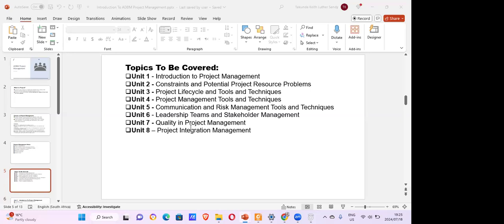Okay, and then there is what is called a project life cycle. Each and every project goes through that life cycle, regardless of the sector. The life cycle comprises the initiation stage, the planning stage, the execution stage, and the close out or closure phase.